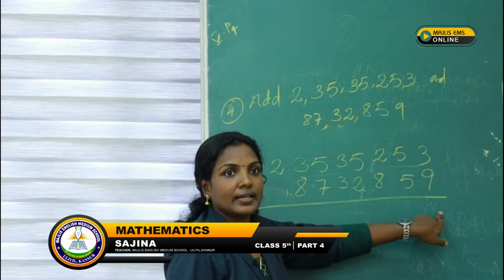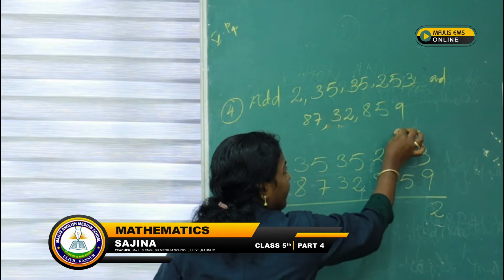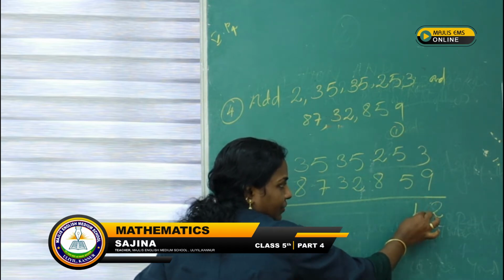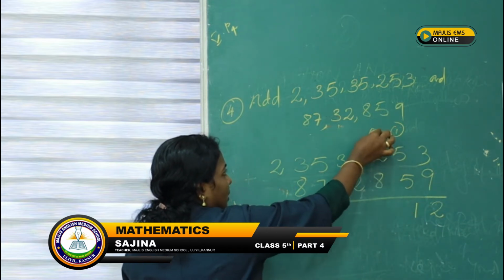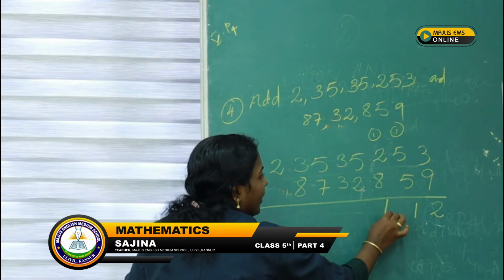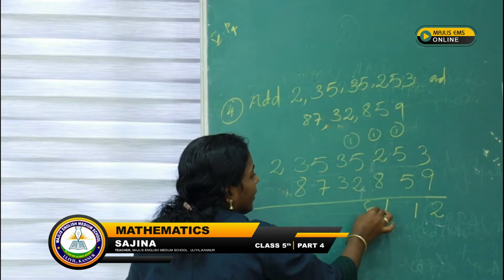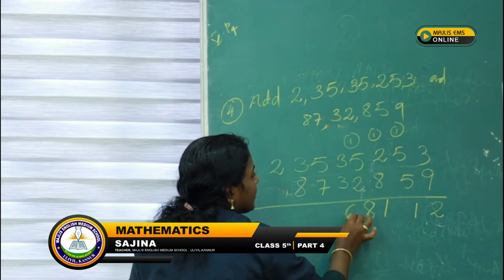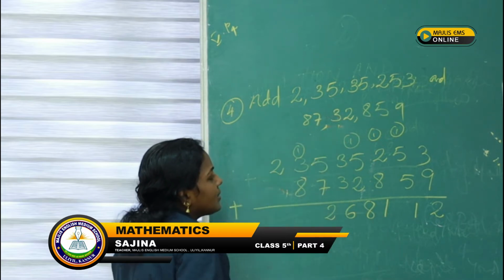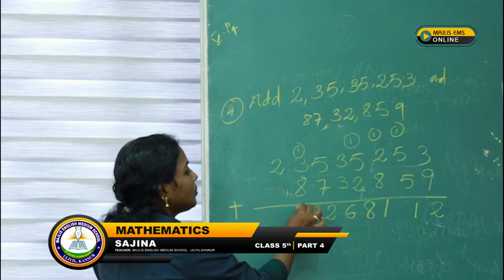3 plus 9 is equal to 12. Here 2 is here and 1 balance. 5 plus 1, 6. 6 plus 5 is 11. 1 balance. 2 plus 1 is equal to 3. 3 plus 8 is equal to 11. 1 balance. 5 plus 1, 6. 6 plus 2, 8. 3 plus 3, 6. 7 plus 5, 12. 1 balance. 3 plus 1 is equal to 4. 4 plus 8 is equal to 12.